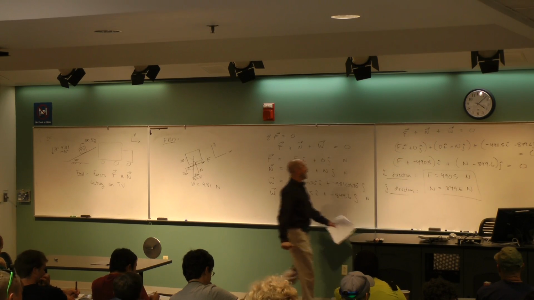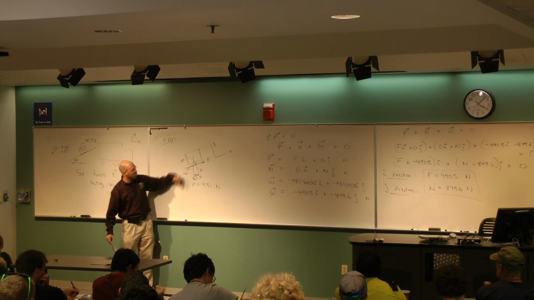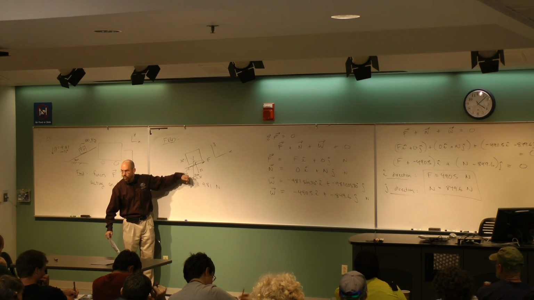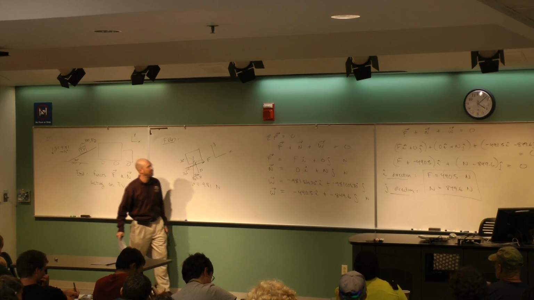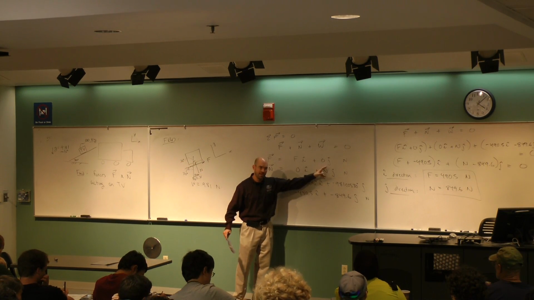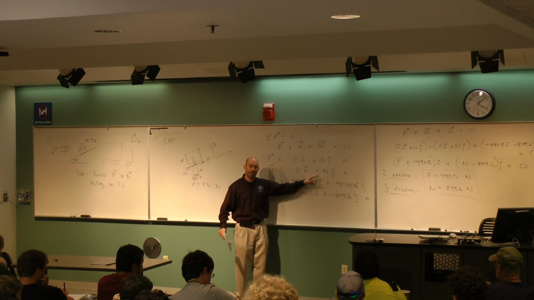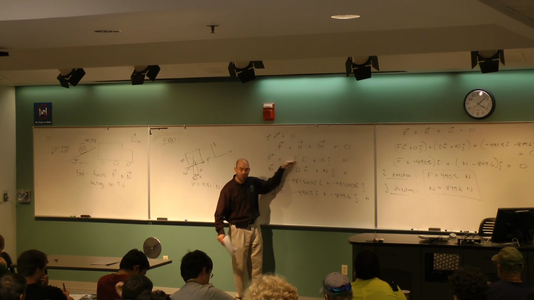Okay, so if I did not use this coordinate system, and I used 981 j for W, and I had F and N written in components, then this would have two terms with an F in it, and this would have two terms with an N in it. And they would have sines and cosines of 30 degrees in these terms.